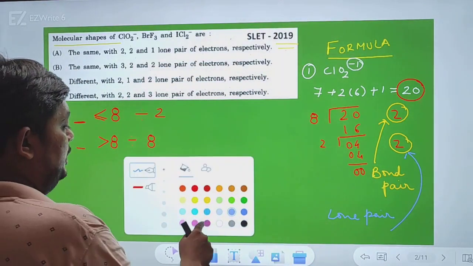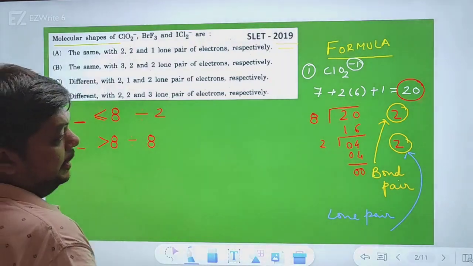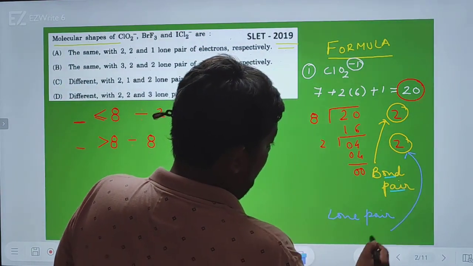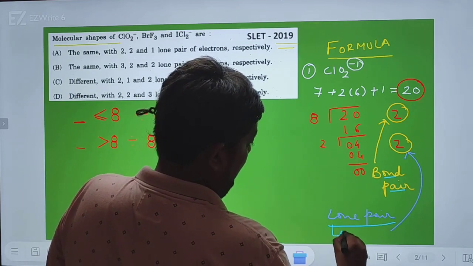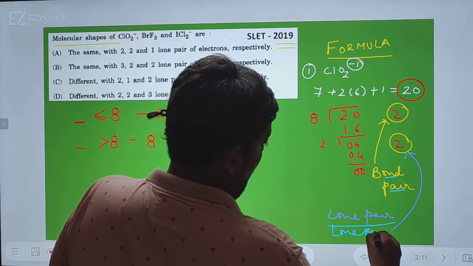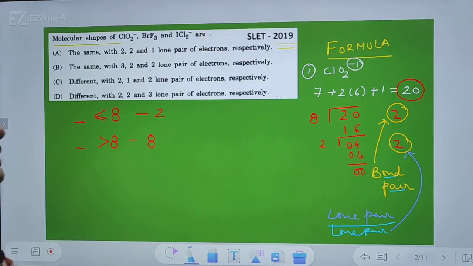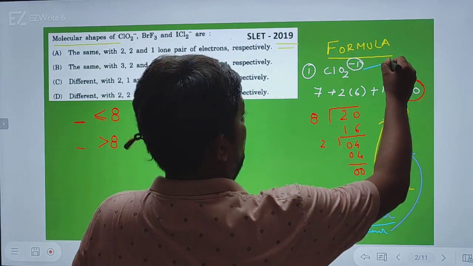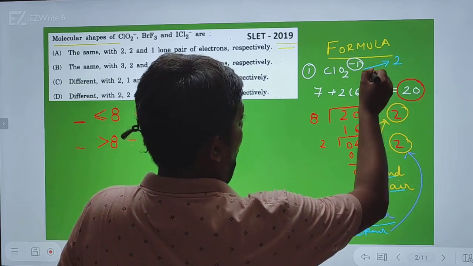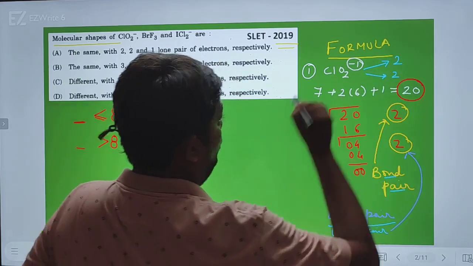So we have both the things available with us, that is a bond pair and a lone pair. From the first formula we get our answer that for ClO2 minus there are 2 bond pairs and 2 lone pairs.